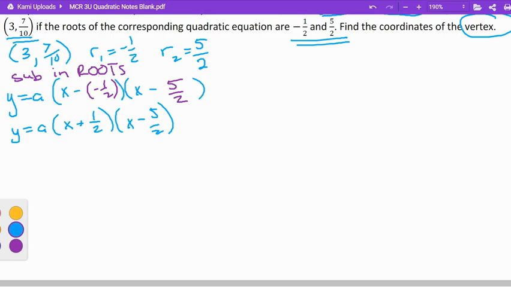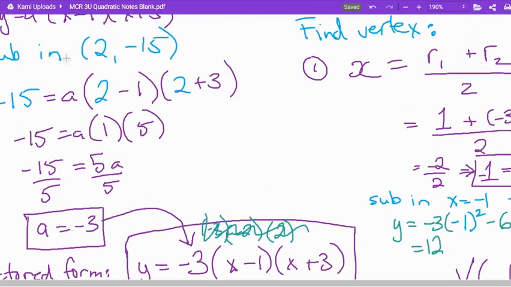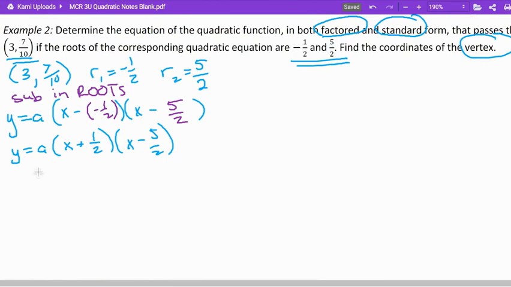Okay, and now step 2, as we had in question 1, is to sub in the point. The only difference with this question is that there are fractions. Sub in point. What's the point? (3, 7/10).